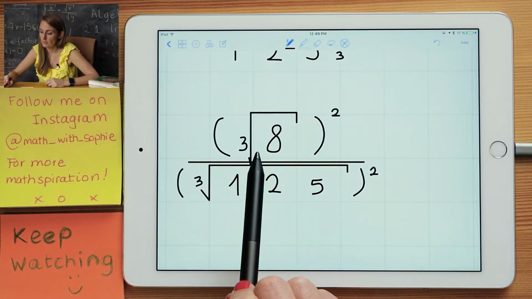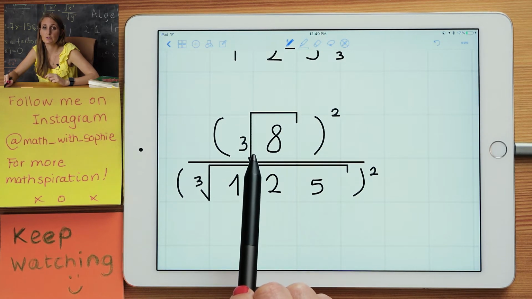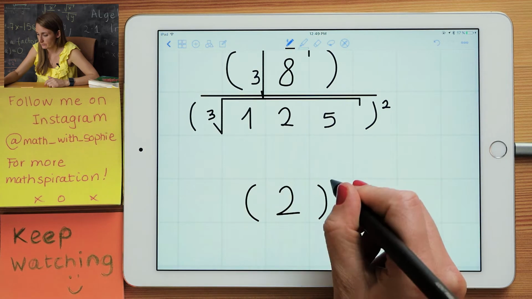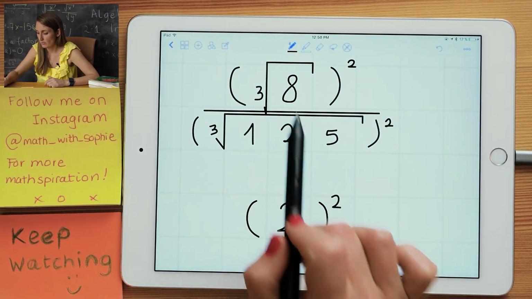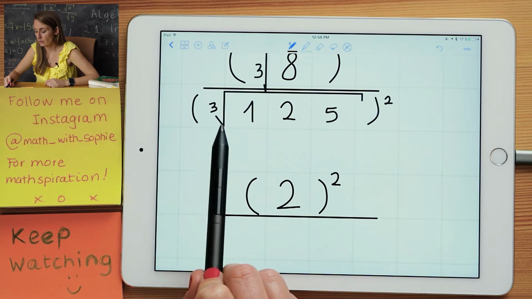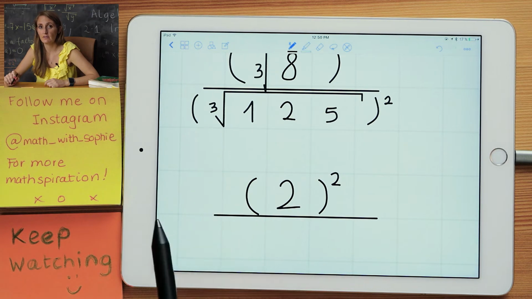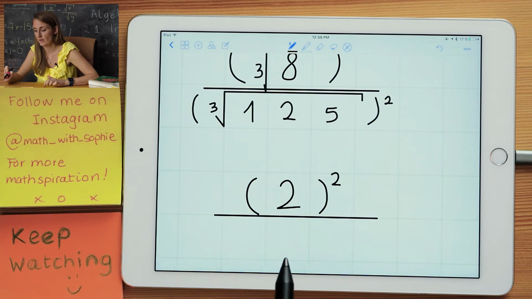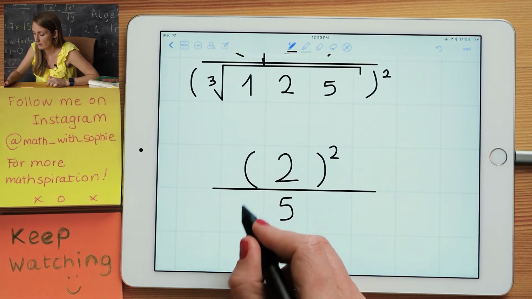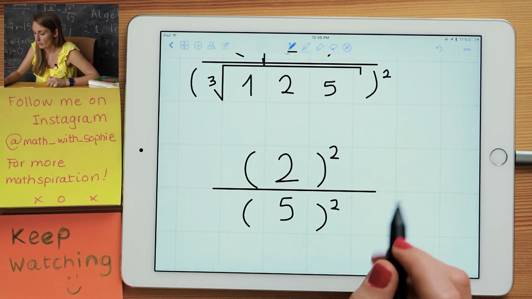Now, the cube root of 8 is 2, because 2 times 2 times 2, or 2 power 3, 2 cubed, is 8. So the cube root of 8 is 2. Now we're going to look at the denominator. The cube root of 125 is 5, because 5 times 5 times 5, or 5 cubed, is 125. So that's going to be my answer from the cube root.